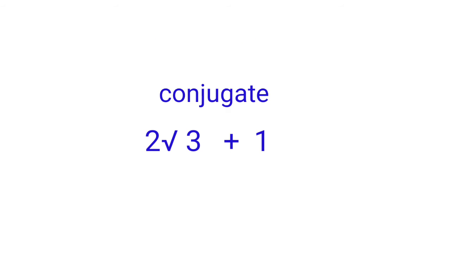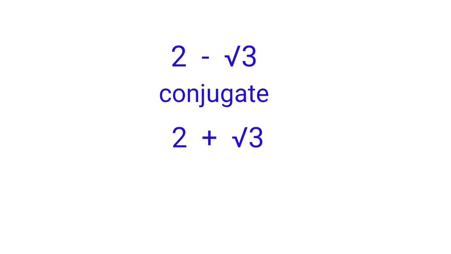The conjugate of 1 minus root 5 is 1 plus root 5. The conjugate of 2 minus root 3 is 2 plus root 3. And the conjugate of 3 plus root 2 is 3 minus root 2.